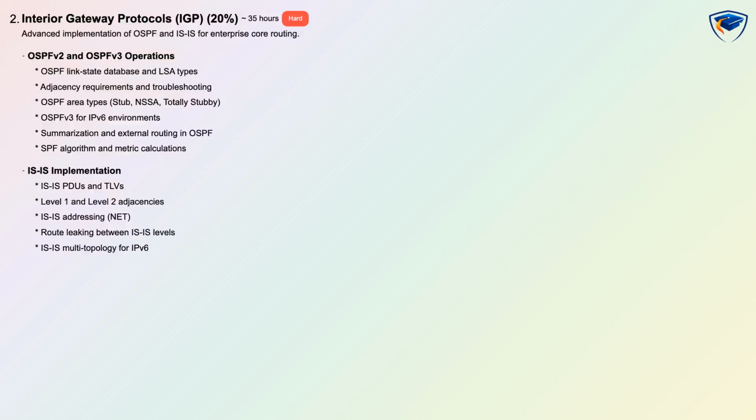For IS-IS the syllabus covers PDUs and TLVs, Level 1 and Level 2 adjacencies, NET addressing, route leaking between levels, and IS-IS multi-topology for IPv6. Expect hands-on tasks to build and debug adjacencies, tune SPF behavior, and validate route leaking and summaries.